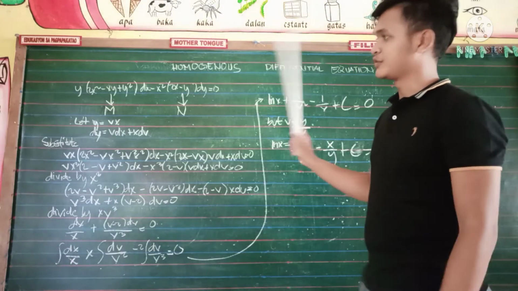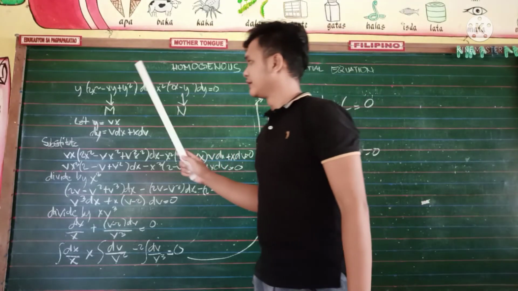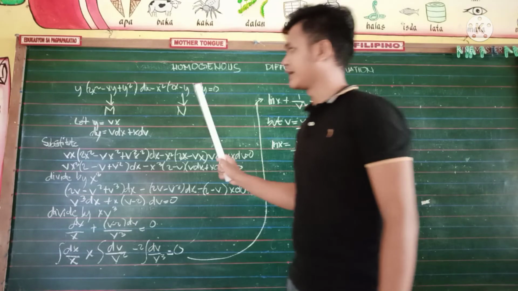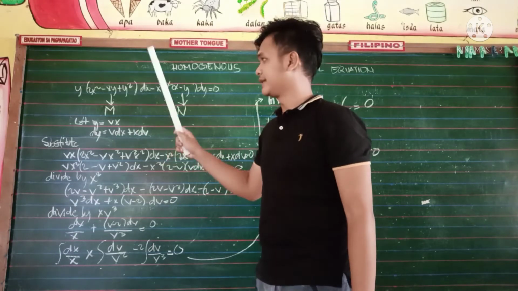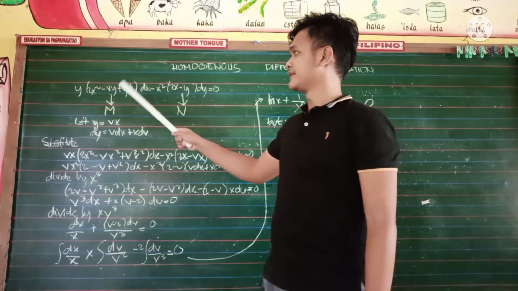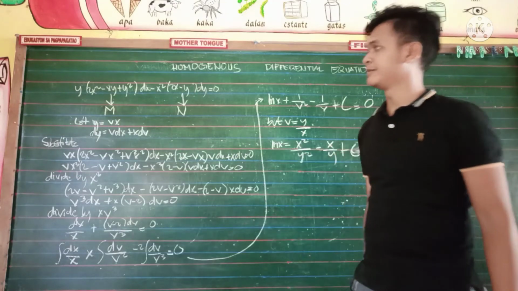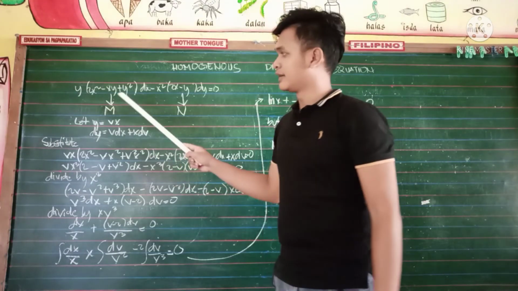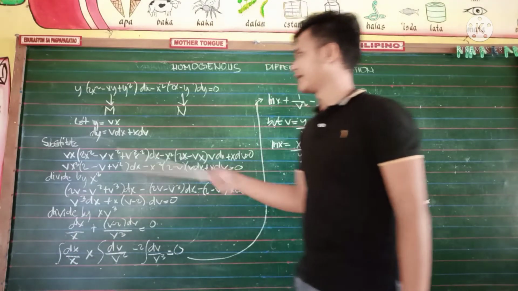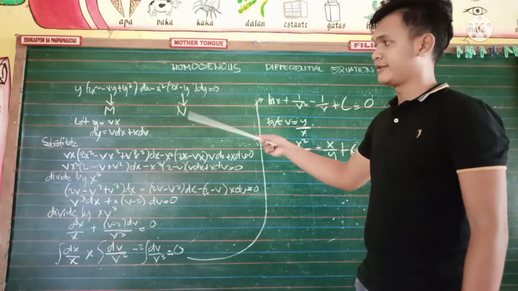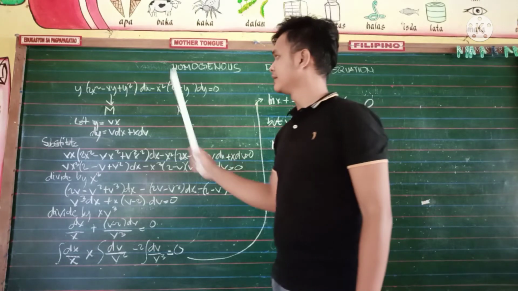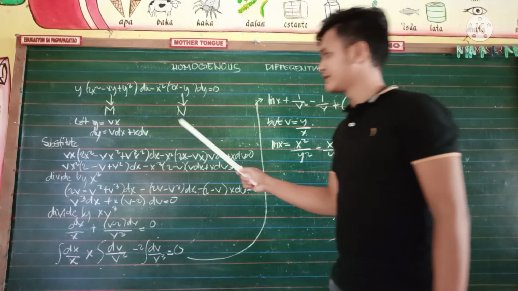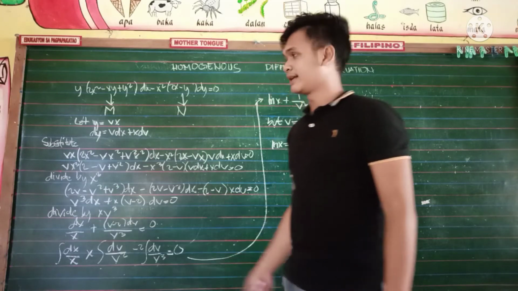It is homogeneous also because the x term and the y term have the same degree, second degree. So the dx term is of degree n and the dy term is of degree n, and the simplest form of these two is n, so we use the substitution formula.